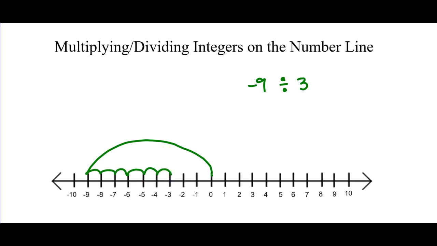Let's use different colors here. And then 1, 2, 3 there. So I've got 3 different groups there that made that -9. So my answer is going to be -3 there because they're all in the negative realm. So you can use the number line. I like the chip charge model, but you can also use the number line doing it that way as well.